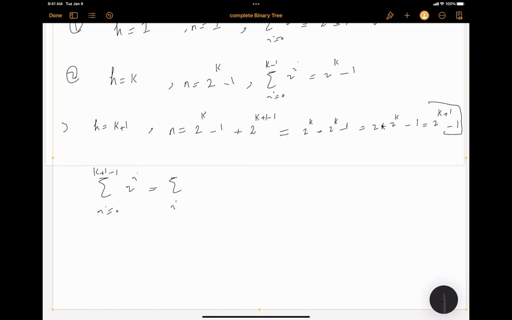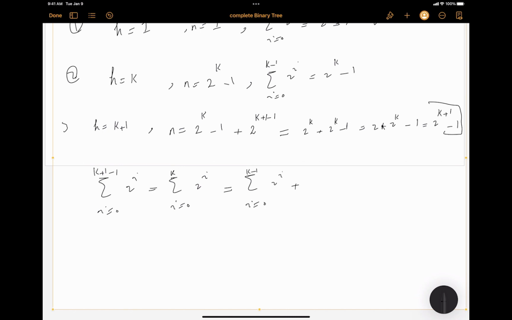It's going to be the sum from i equal to 0 up to k of 2 to the power i, because k plus 1 minus 1 is k. So this is equal to, I'm going to extract some expressions from the sigma that I have here, so it is equal to the sum from i equal to 0 up to k minus 1 of 2 to the power i.